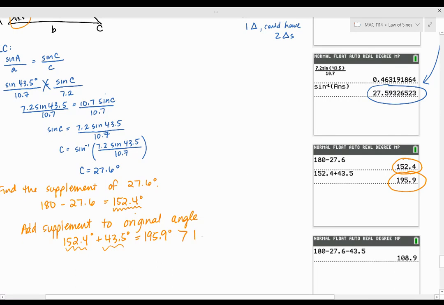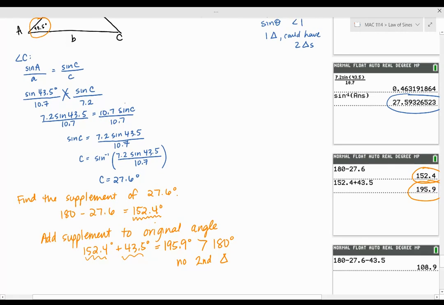This is greater than 180 degrees, which means it's not possible, because all three angles in a triangle have to sum to 180, and these two by themselves sum to more than 180. So there's no second triangle, and I don't have to worry about finding another one. I can continue on the way I was normally going about my problem.